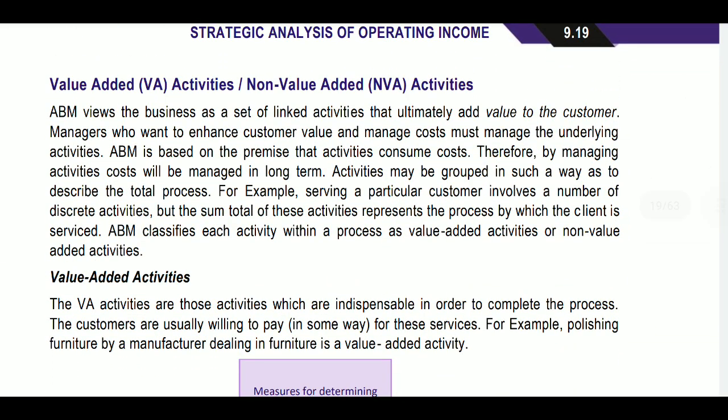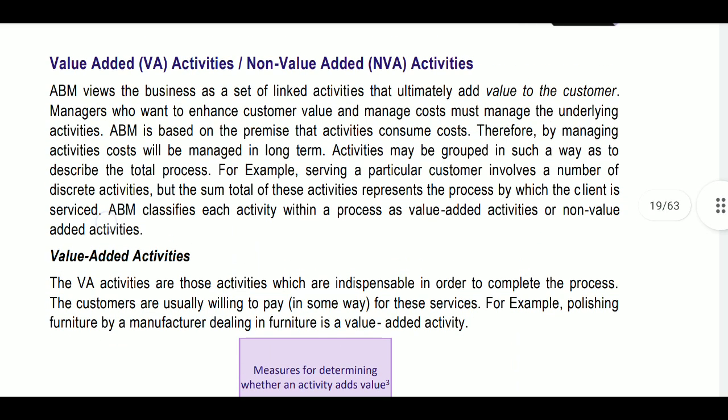Next, value added activity and non value added activity. Value added activities are those activities which are indispensable in order to complete the process. It cannot be dispensed with; if you dispense with it, then you cannot complete our process. Here the customers are willing to pay for these services. So the two main points: the activities which are indispensable to complete the process and which customers are willing to pay for, are known as value added activities.